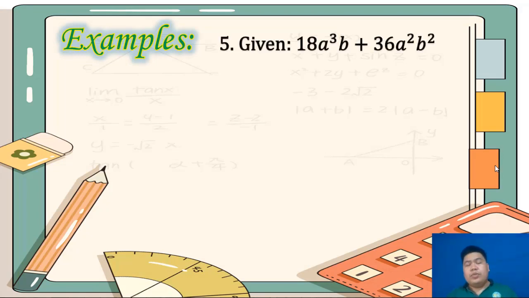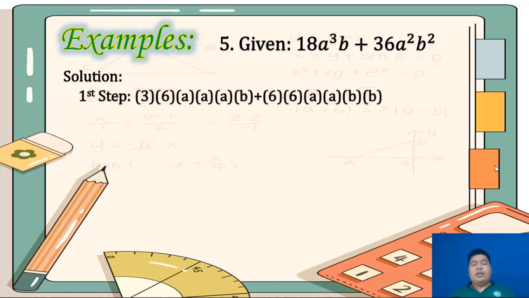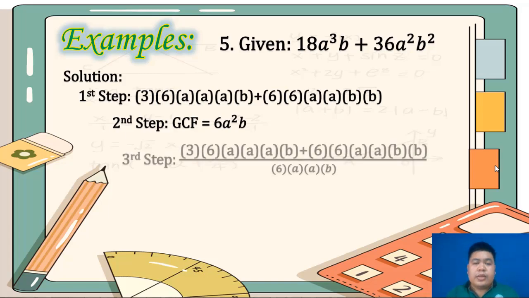Our last example, the given is 18a cubed b plus 36a squared b squared. The first step here is to factor out the given polynomial. Then the next step is to find the GCF. That's right, our GCF is 18a squared b. Then the third step is to divide the given factors by the GCF.